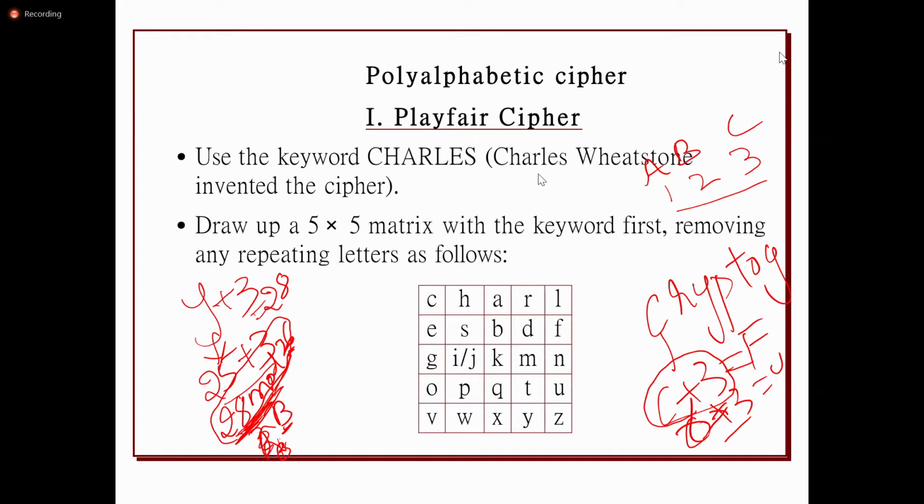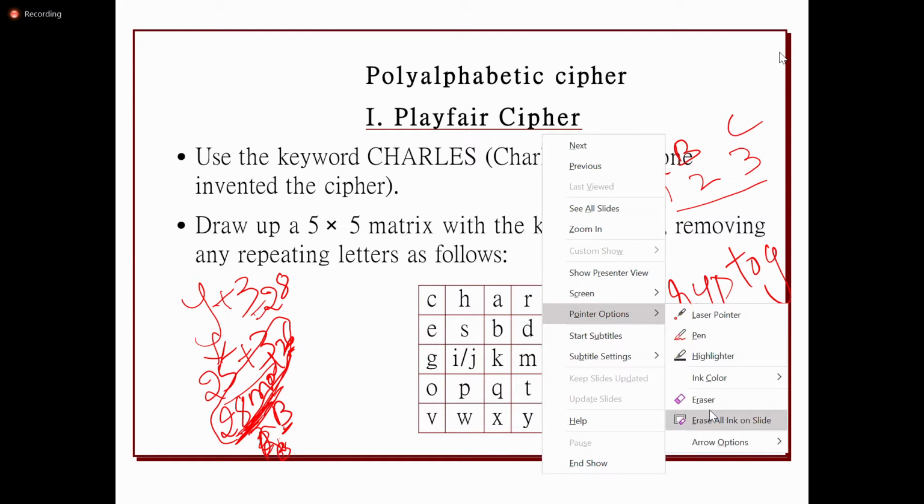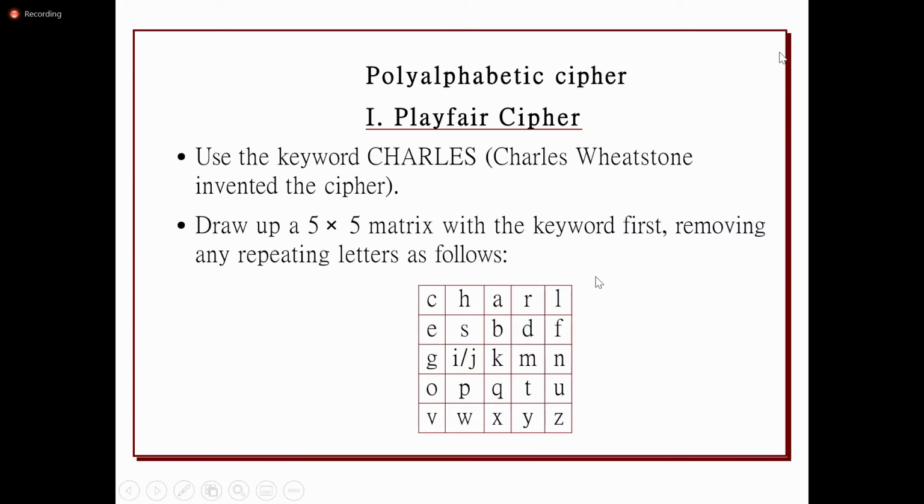So in the last class we discussed that classical encryption techniques are divided into two types. One is substitution techniques, the other is transposition techniques. In substitution techniques, plain text will be replaced with some other alphabet.